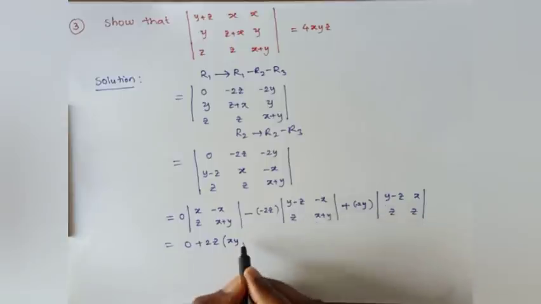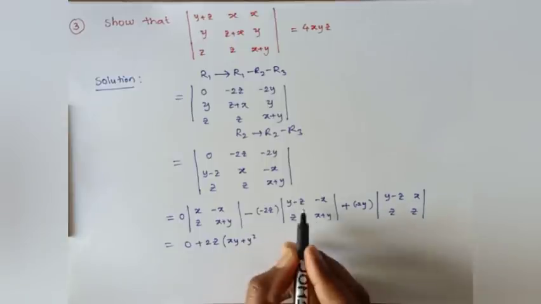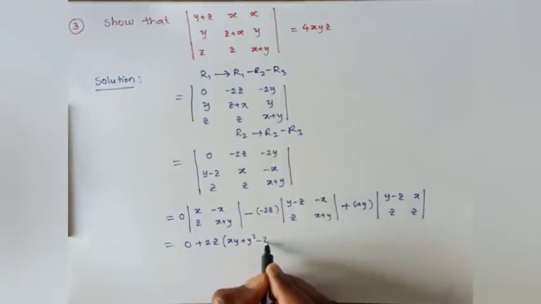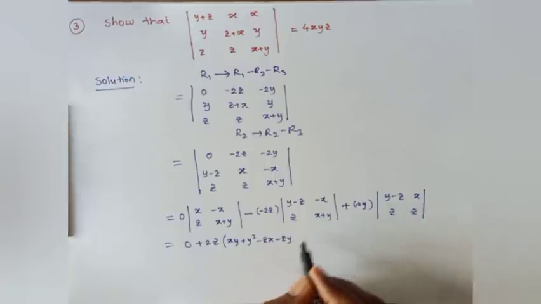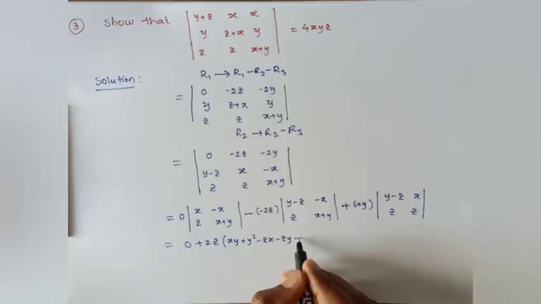Now y into y plus y square minus z into x minus zx minus z into y, that is minus zy. Next, minus z into minus x, it is plus zx or xz.